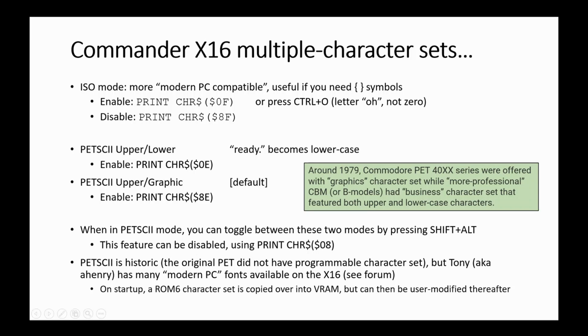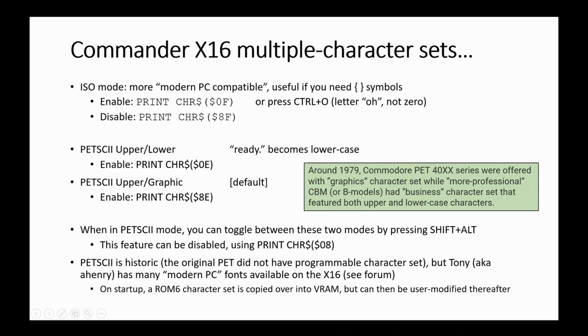If you're out of ISO mode, then you have two character set options. You have the upper lower mode and then the upper graphics mode. The reason for both of those, they actually originate from the Commodore PET. Right around 1980 or the year before, there was kind of two versions of the PET. There was the graphic character model, and then there was a more professional one labeled as a CBM system or B model.